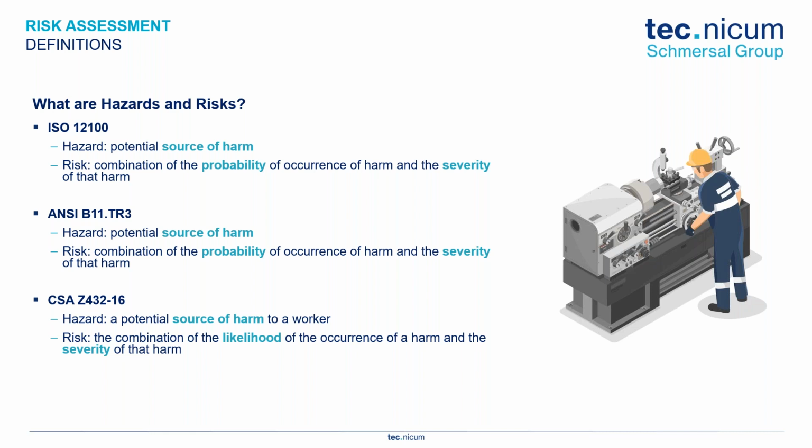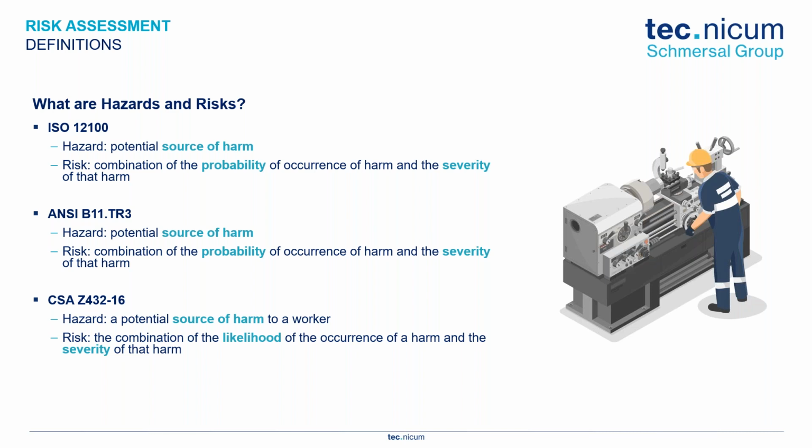We can look at this piece of equipment, and by default, we will see some motion, some movement, and we can say, okay, yeah, there's a hazard. There's something that's wrong because it's not guarded, and we can easily access it. So maybe this is considered a hazard, right? So we look at this definition, potential source of harm. We can say, okay, the rotating chuck, that is a potential source of harm.